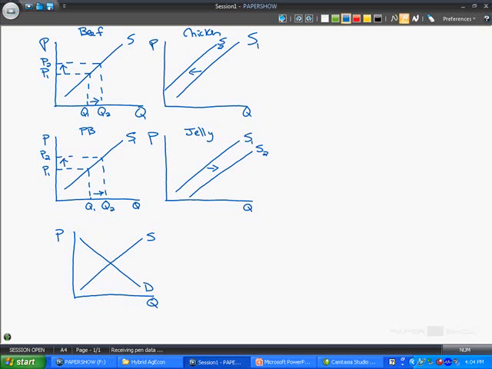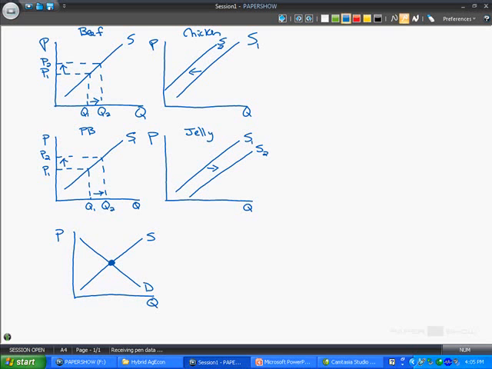So what this means is we want to know, where is price determined? Where are price and quantity set? How do people decide what price they're going to sell things for? In a perfect world, in a free world, we would determine price where supply equals demand. So where our two lines cross, we would put a nice big dot.